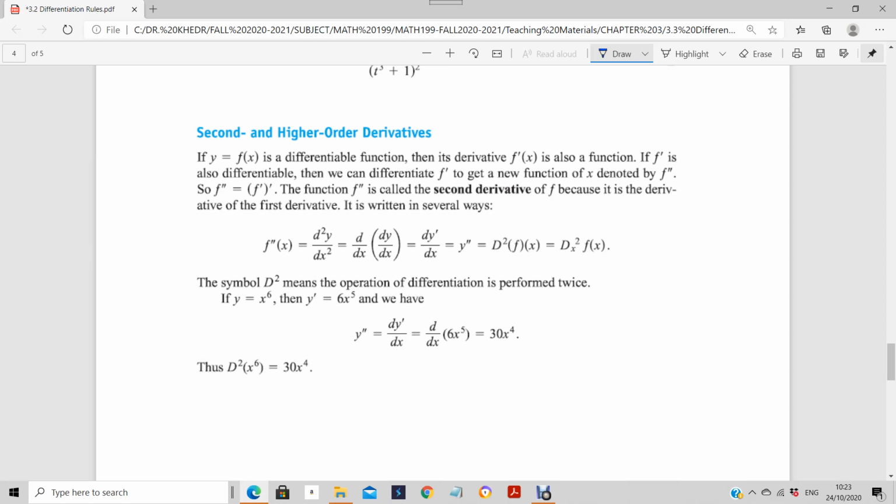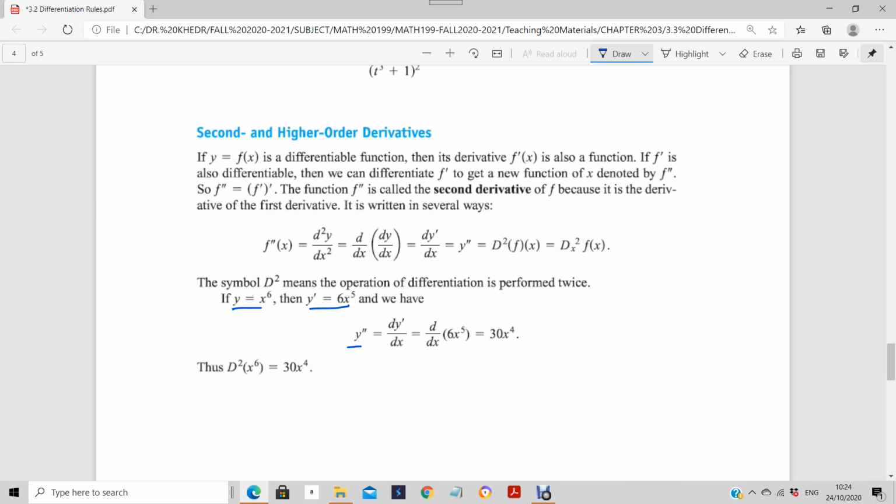As an example, if y equals x to the power 6, then its first derivative is 6 times x to the power 5. Now, if you want to differentiate one more time, then y double prime will be the derivative of the function, means dy prime by dx, which is the derivative of 6x to the power of 5, which is 5 times 6, 30, 30 times x to the power of 4.